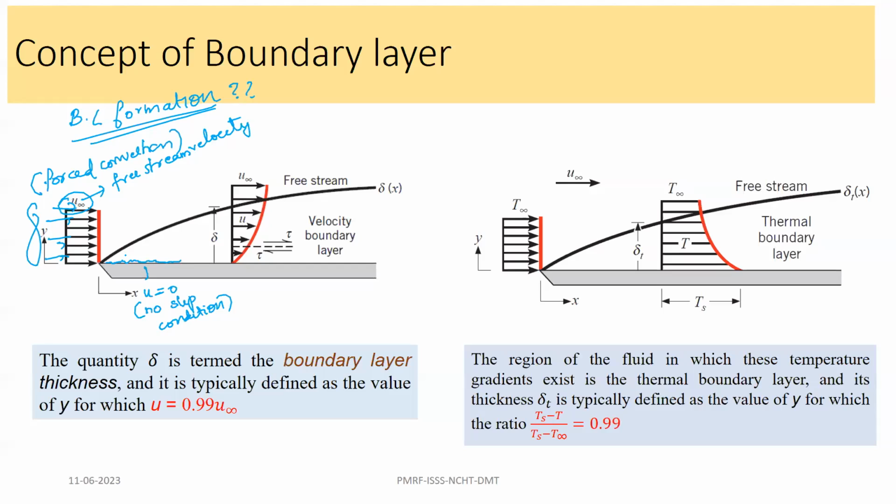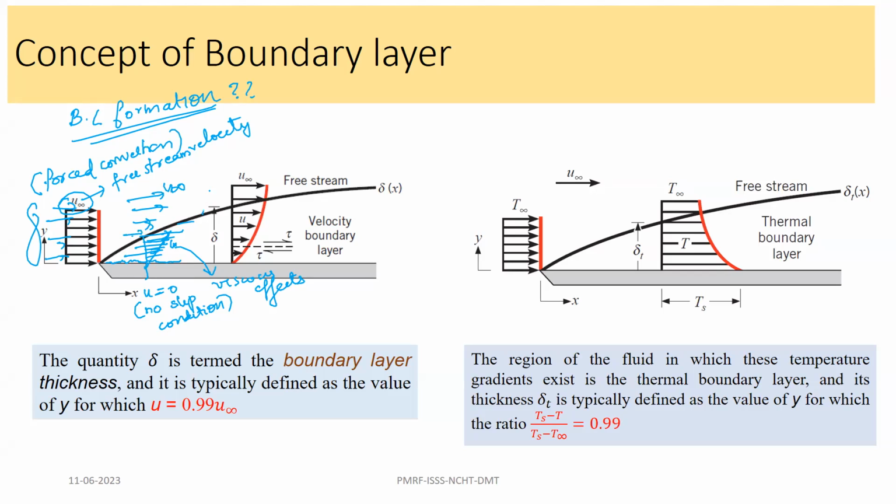While the fluid layers above will have a velocity difference, that gradient. Why is there a velocity gradient? Because of the viscous effects. So there will be a velocity gradient existing here, while the outside free stream will have u infinity velocity.